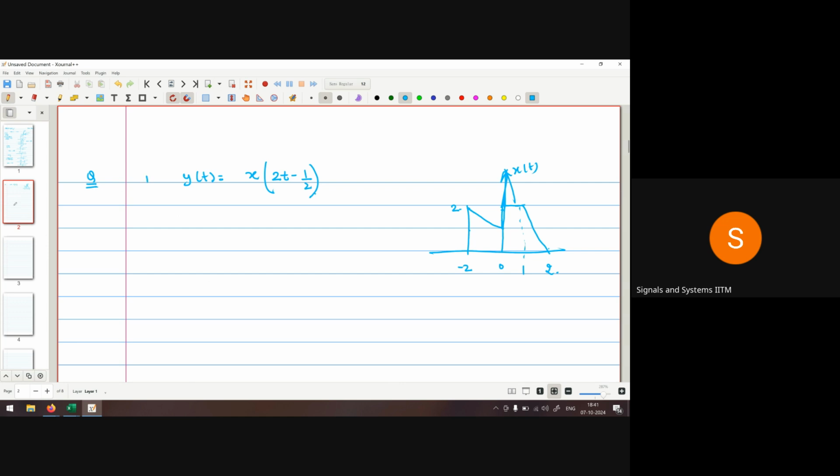Can you calculate what is y(t)? Second, if I want to calculate z(t), that is 2 of y(t) plus 1. Can you draw it? Yes. Try it.